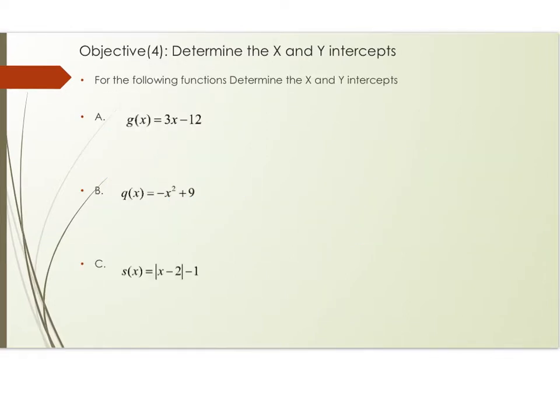So our fourth objective that we discussed in class was to determine the x and y intercepts. And you will recall from a previous discussion that to find an x-intercept, we want to let f of x equal 0, right?